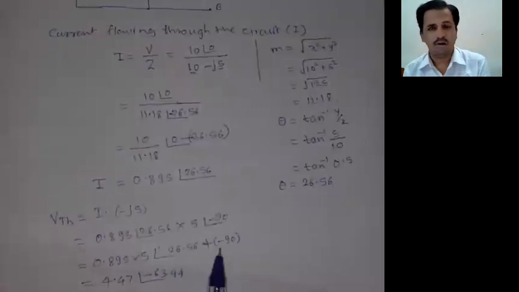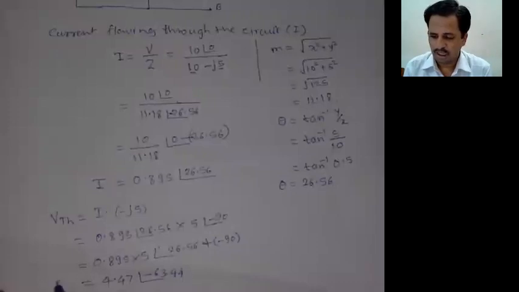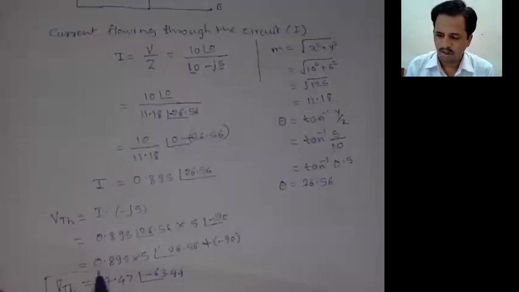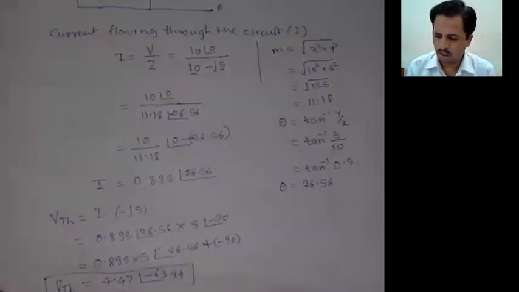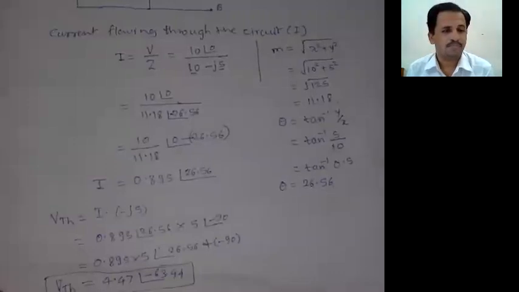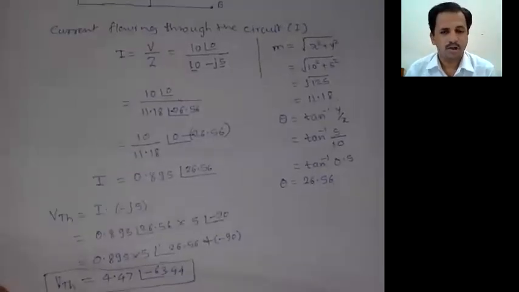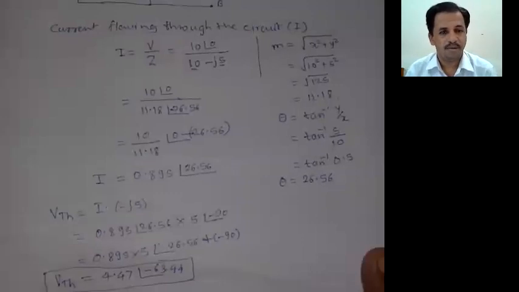That is VTH, the first quantity, the Thevenin equivalent voltage, that should be obtained.